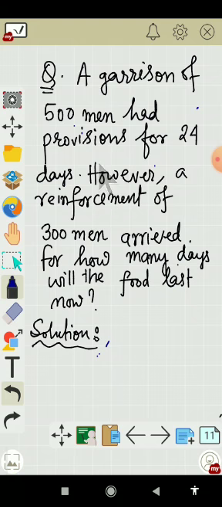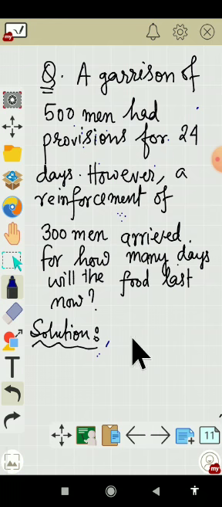So for 500 men there were provisions for 24 days. Now we have to find out for how many days the food will last for 800 men.